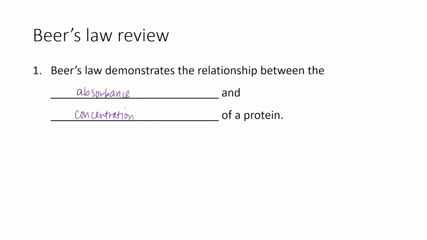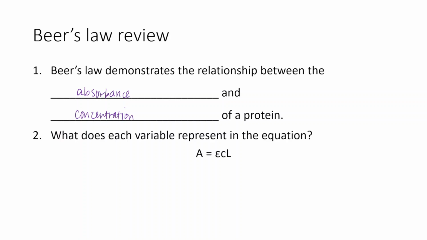So we have Beer's law, it's this equation, right? So what does each variable represent in our Beer's law equation? Anybody can pick any one to start with. A is for absorbance, yes. Is epsilon a constant?